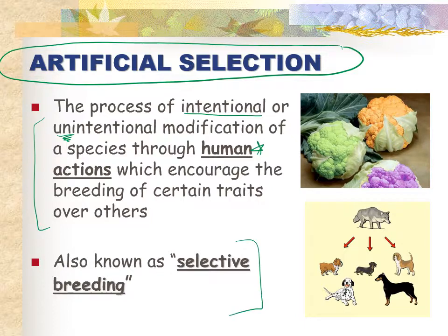Sometimes you'll also hear it called selective breeding. So people have definitely done that with dogs, right? They basically created domesticated dogs from a wolf. Or in this case with the cauliflower, they've chosen to grow and breed different colors of cauliflower.